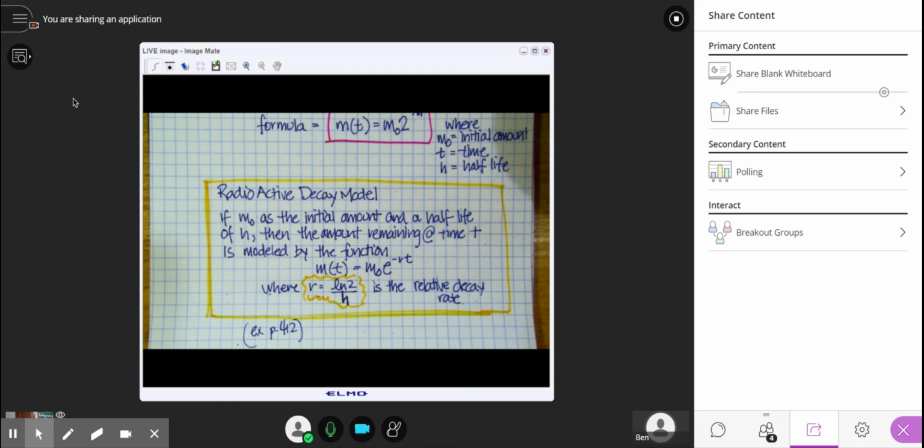Okay. So here's what's going to happen, because I'm going to run out of time and we're not getting to Newton's law of cooling, which is pretty important. So I'm going to lecture on Newton's law of cooling tomorrow during class time.